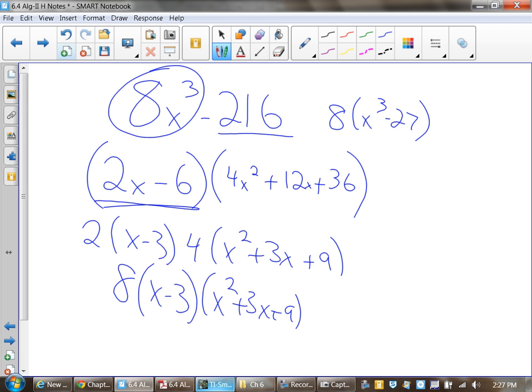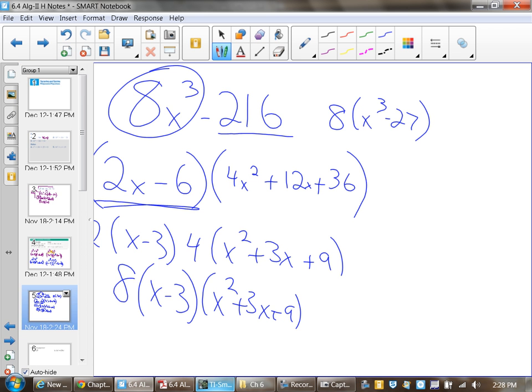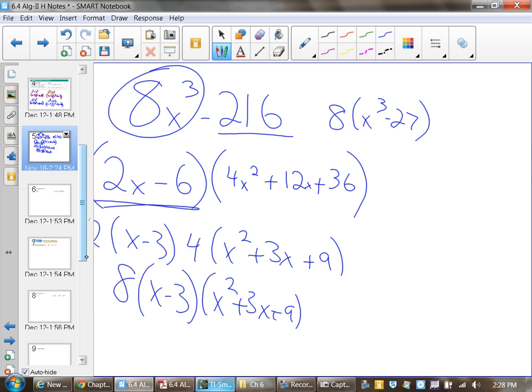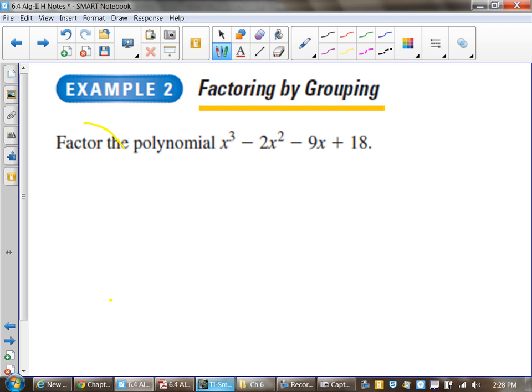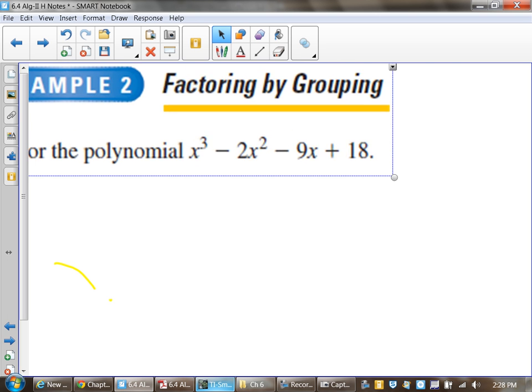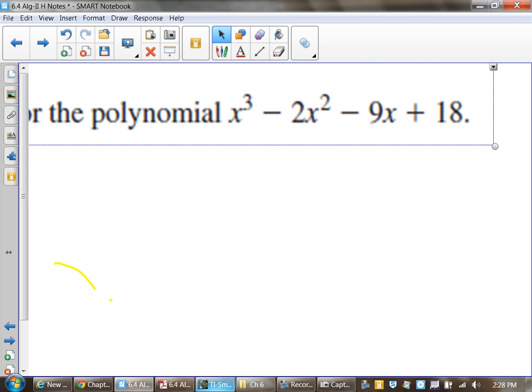Sums and differences of cubes are a very simplistic pattern to follow, but it also allows us to do even more fun stuff. More grouping. But notice, what's my degree now? When I'm looking at degree, it's always the highest exponent.